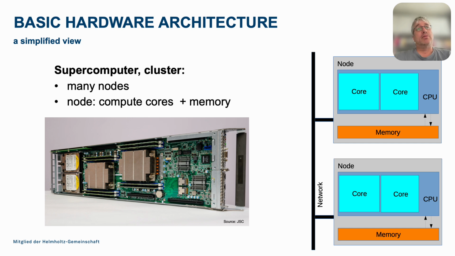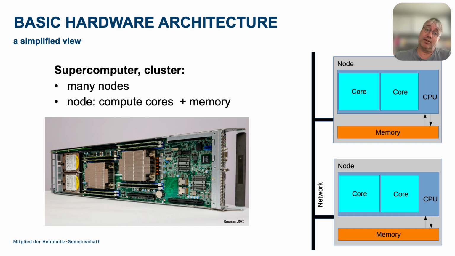When you then have larger computers, say a real supercomputer or just a larger compute cluster in your institute or perhaps even at home, what you usually have are many so-called nodes, which are essentially many units of what we just presented on the slide before. So many of these computers, each containing a CPU with multiple cores and some memory, and each of them is called a node.